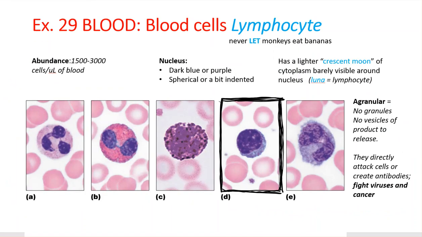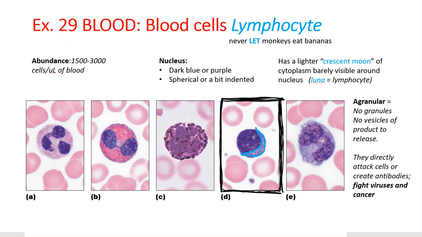Next cell that we're going to look at is a lymphocyte. Never let monkeys eat bananas. Lymphocytes have a dark blue, almost spherical nucleus. Sometimes it can have a little indent in it right here. Their cytoplasm extends outward in this little crescent moon shape right there.